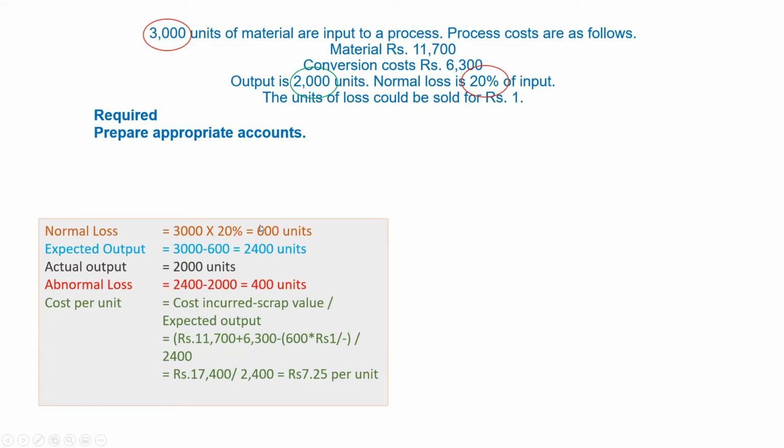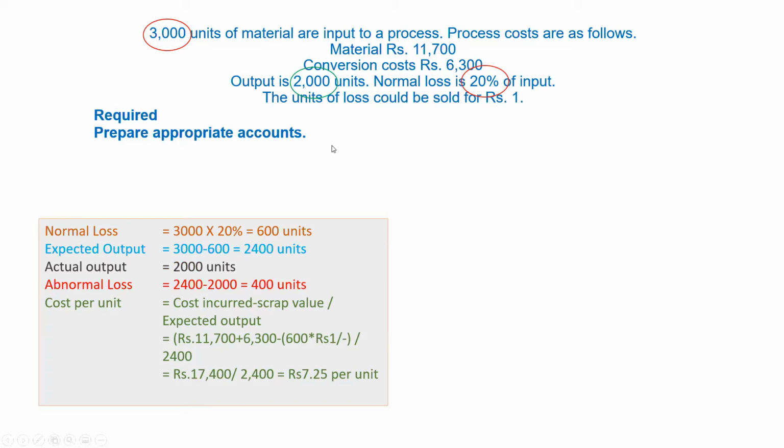Usually we don't allocate any cost to it, but whatever the losses, if they could be sold, that value has to be removed from the total cost incurred, which is 600 times 1 rupee per unit, divided by the expected output of 2,400. So 17,400 divided by 2,400 units is 7.25 per unit.